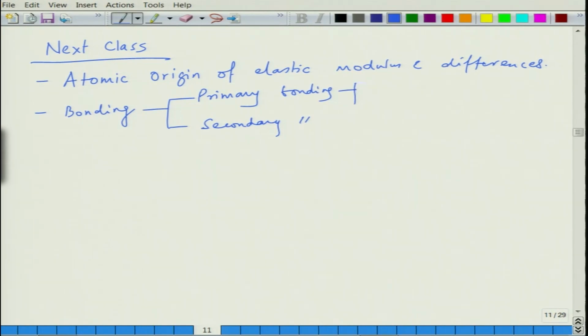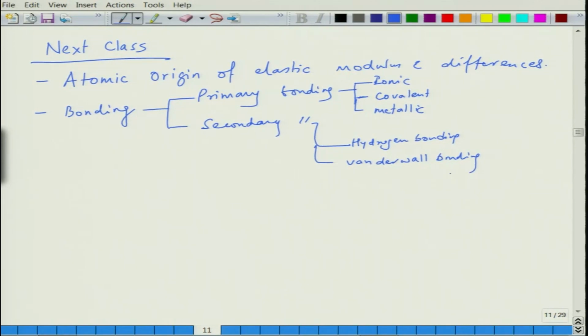In primary bonding we have ionic bond, covalent bond and metallic bond, and in secondary bonding we have hydrogen bonding, van der Waals bonding, and some other secondary bondings.